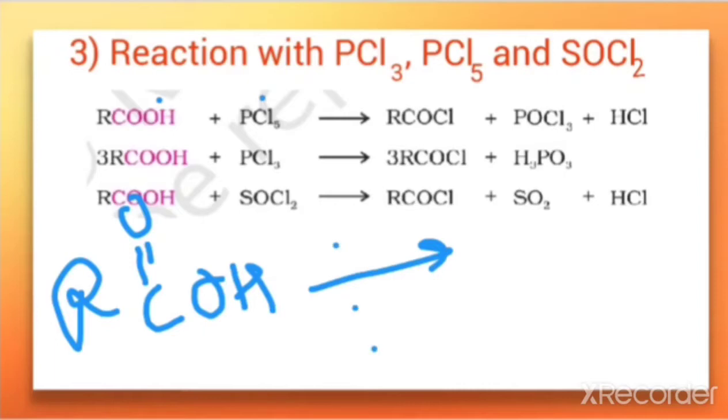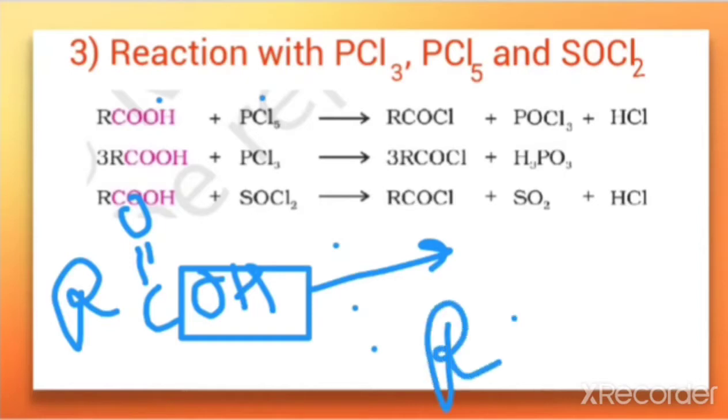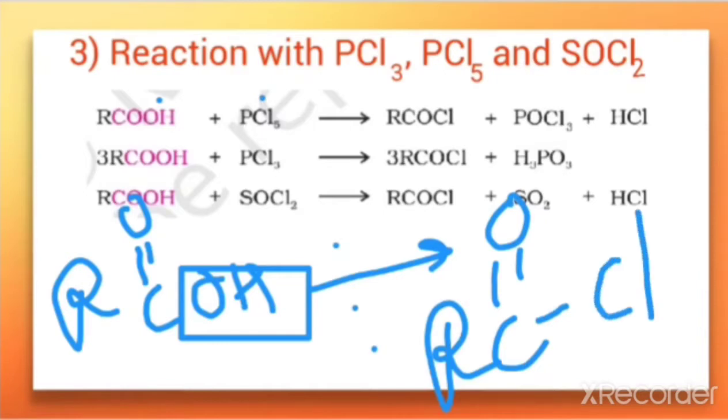In all these cases we'll get the same product. And how to make that product? You have to remove OH from here. So what is remaining? RC double bond O is remaining and OH is removed, and what you have to add in the place of OH is Cl. We have to add Cl in the place of OH. That is important.